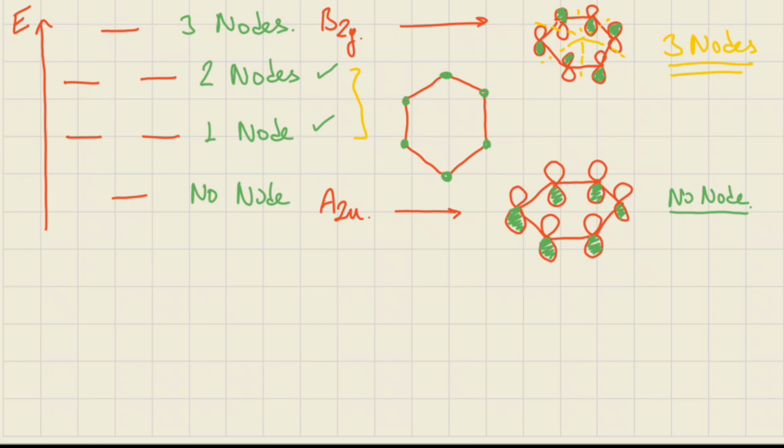But what about these four orbitals? So these ones are E2U and E1G symmetry groups.